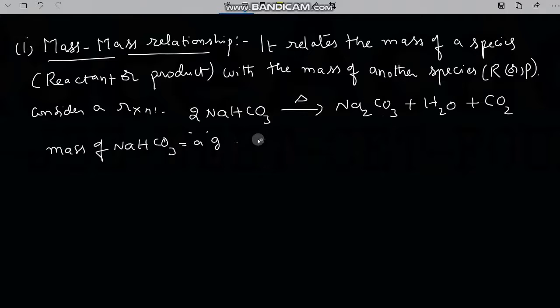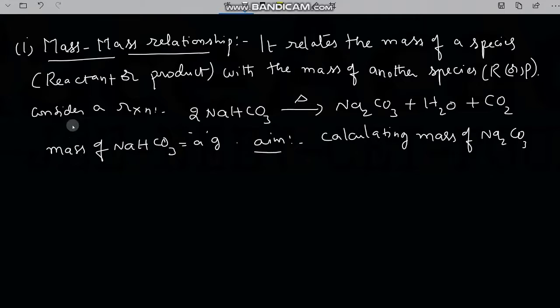So the aim in this experiment is to calculate the mass of a product, that is Na2CO3, obtained after thermal decomposition. For this purpose, the number of moles of sodium bicarbonate we can easily calculate, as we assumed the mass of sodium bicarbonate is a grams.